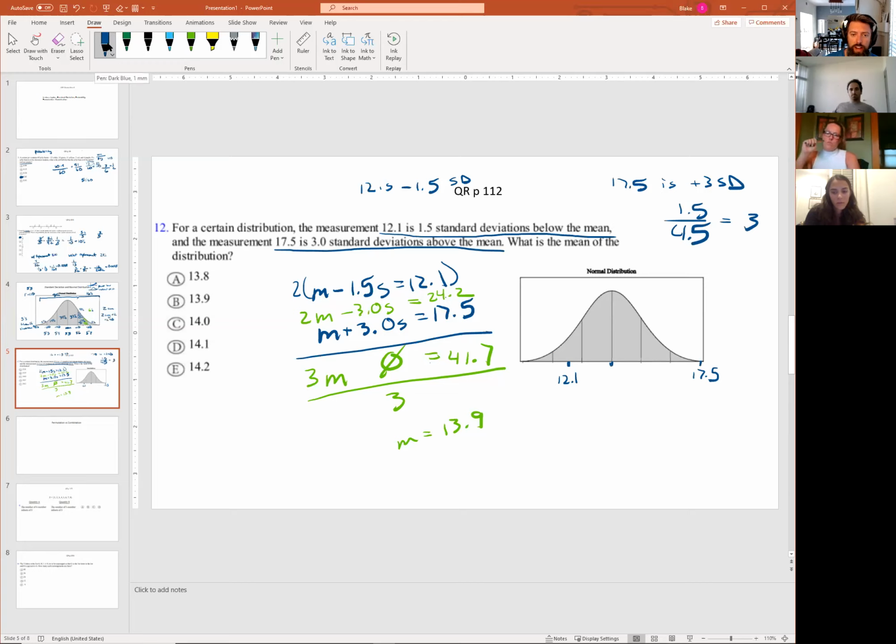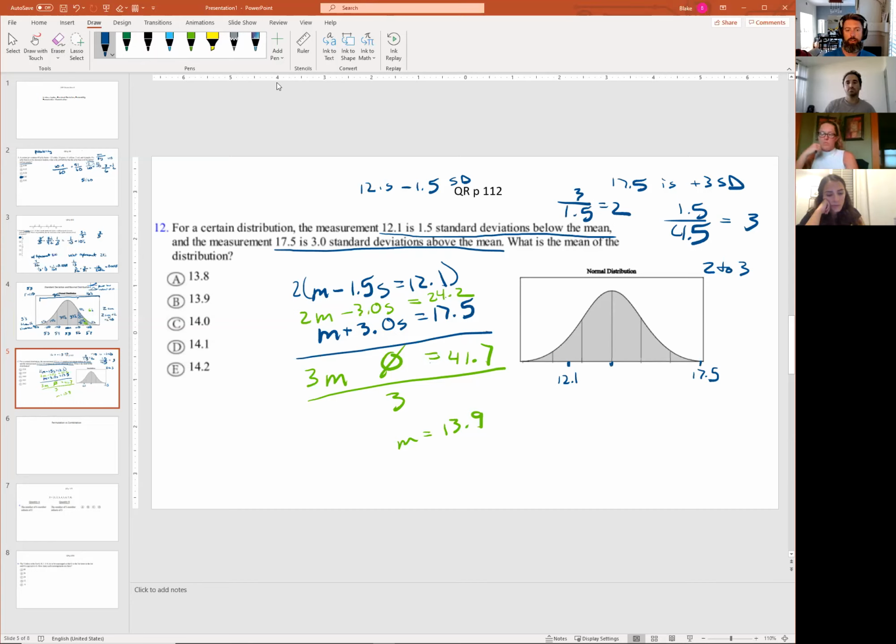And 1.5 over 3 is 1/2. So we actually have a ratio here of 2 to 3. Actually, I wrote that wrong. Yeah, there we go. So our ratio is 2 to 3.